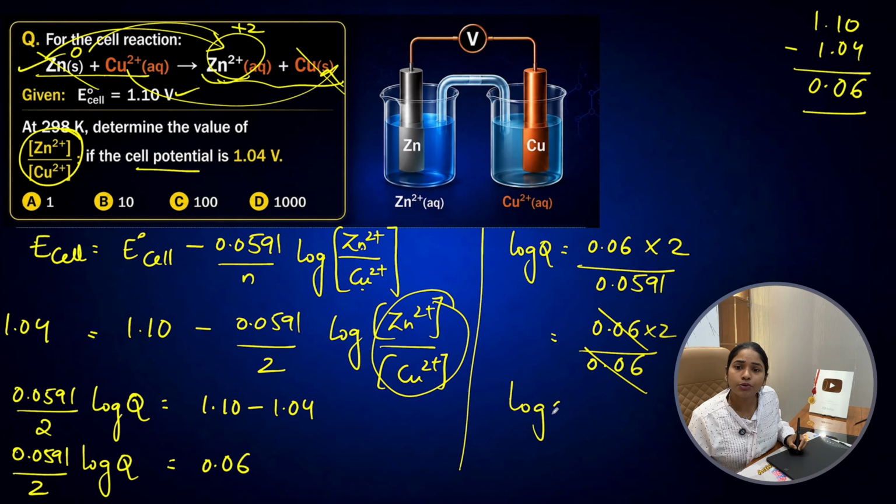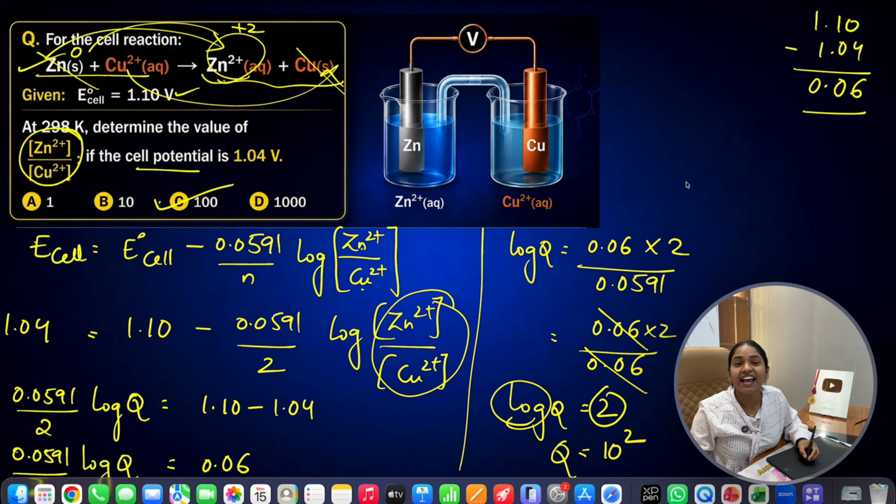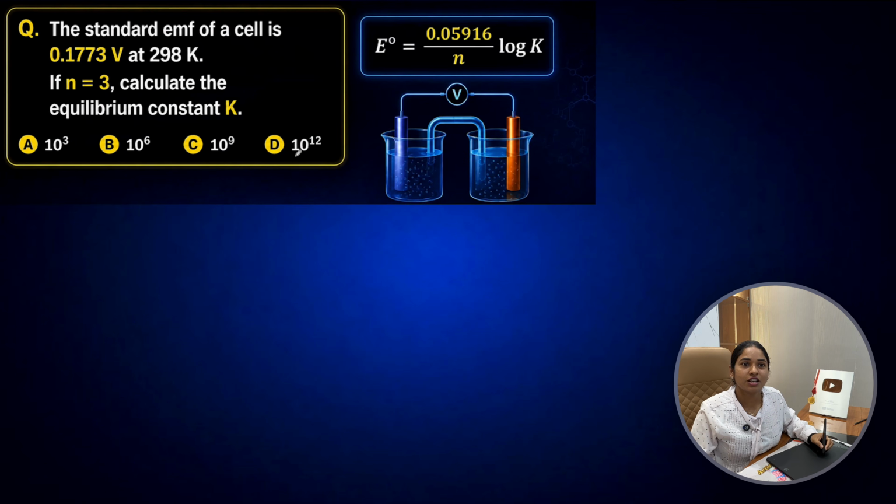Then log Q is equal to 2. Then Q is equal to, if this log moves that side, anti-log, which means 10 power. Whatever the number is there, write it as it is, which means option C, 100, is the correct answer to this question. Next question. The standard EMF of a cell is given, n is also given, equilibrium constant.